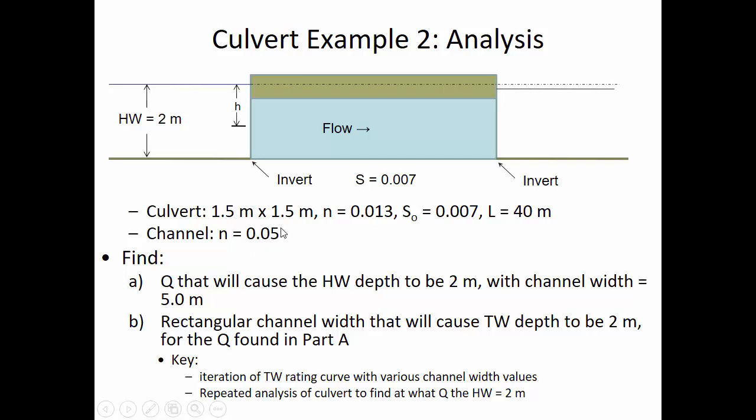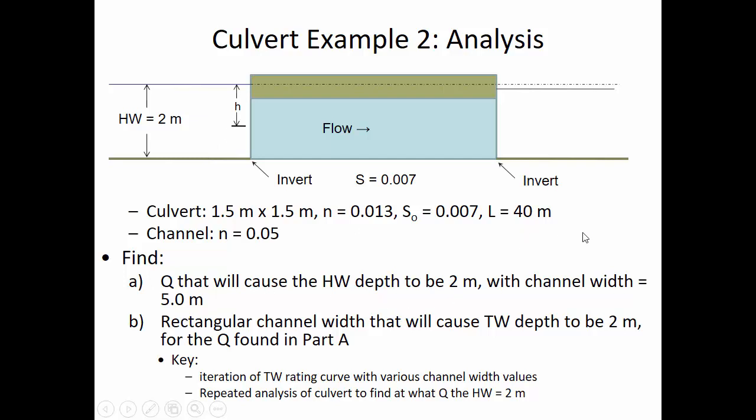Now there's two things that we're going to look at here. We're going to analyze with this culvert how much of a flow rate causes the headwater to get up to 2 meters. So we're stress testing this culvert to find out, if this is actually in place somewhere and we're a little bit worried about the water getting 2 meters deep, what flow rate would cause the headwater depth to be 2 meters.